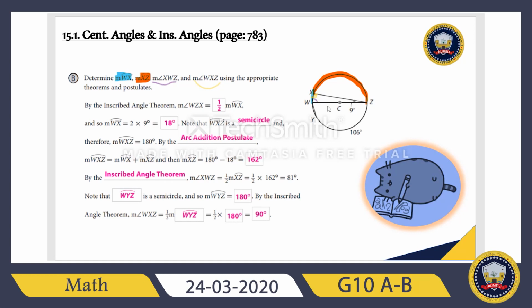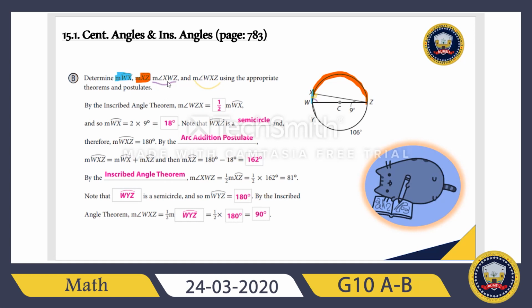Now, this one here is 180 degrees because I have a straight angle here. So, XZ is 180, which is this total, minus the arc WX, which is 18. So, my arc XZ is 180 minus 18, which is 162. All right, let's go to the angles now.